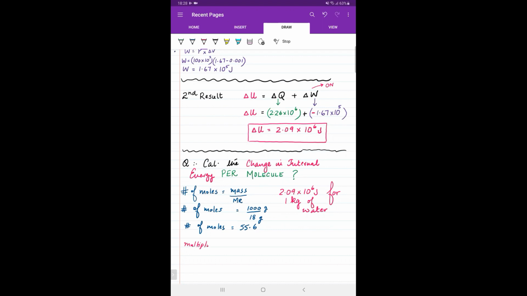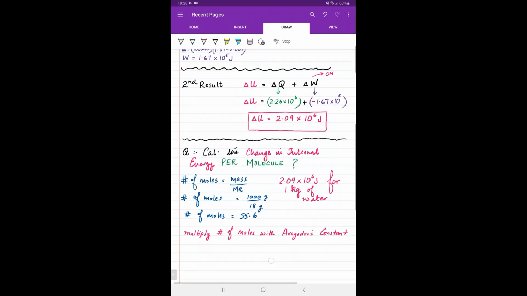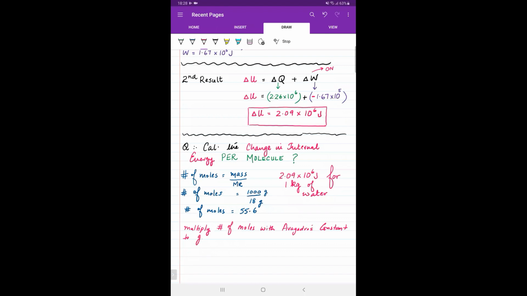ओके, फिर मल्टीप्लाई नंबर ऑफ मोल्स with Avogadro's constant to get number of molecules. So कंजा आई बिलीव तुम थोड़ा सा डिस्कनेक्ट हुई थी, तो जो स्टेटमेंट तुम्हारा मिस आउट हुआ प्लीज यहाँ से बेटा देख लेना.